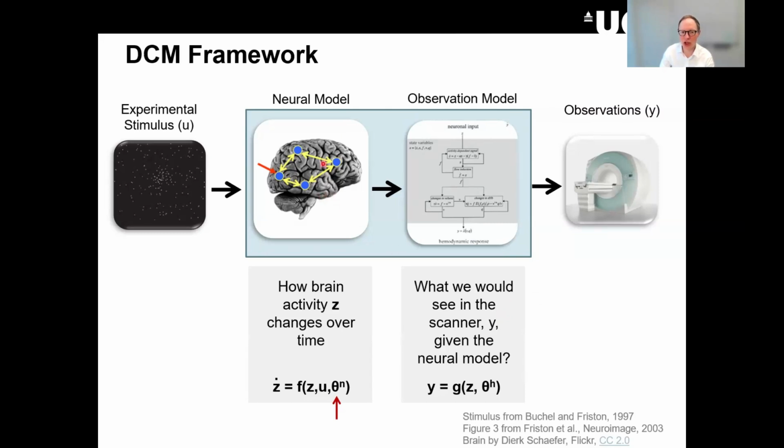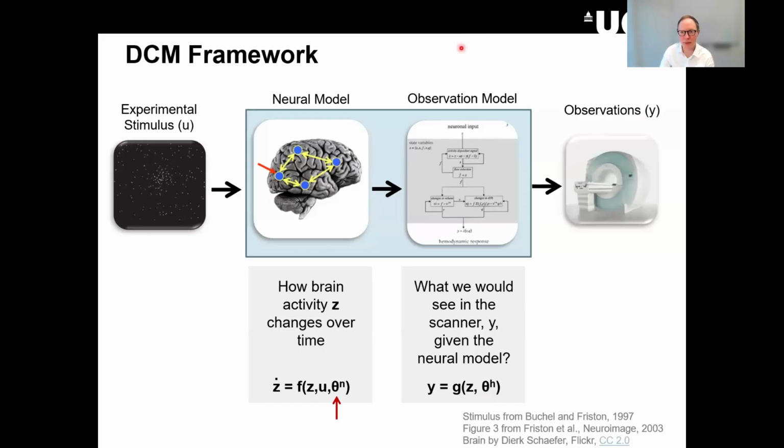So it translates between neural activity and predicted observations. So our observed data Y, we're saying, is given by a model, which I'll call G, as a function of 2 things: the current level of neural activity and some parameters that encode hemodynamics.